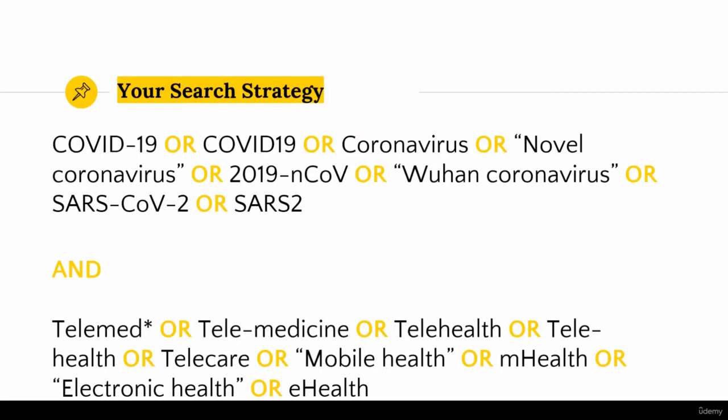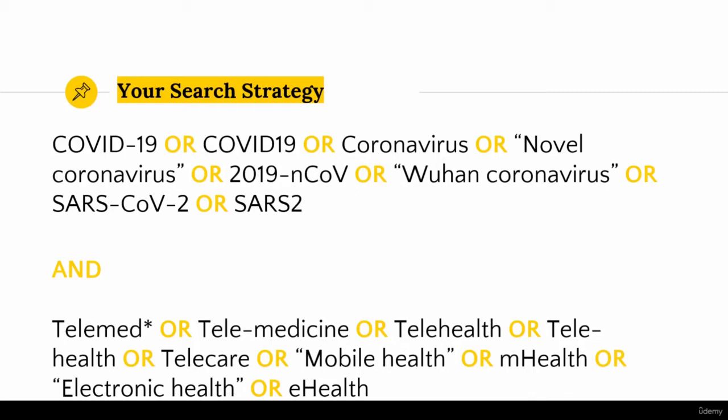So this will be our search strategy. We identified our keywords related to COVID-19 and telemedicine, and we're going to take this and put it into a database and run our search. So we have COVID-19 or coronavirus, so that's our Boolean OR operator.